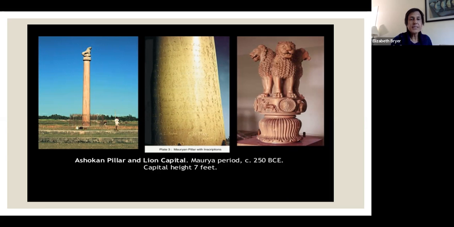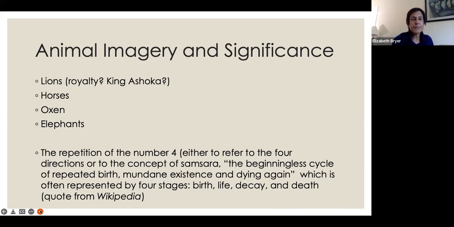what they mean. Lions often represent kings. You see this, in fact, in Europe too, at like Versailles. And a lot of references to the number 4 for a lot of different reasons. So lions often suggested royalty. We often see horses, oxen, elephants.